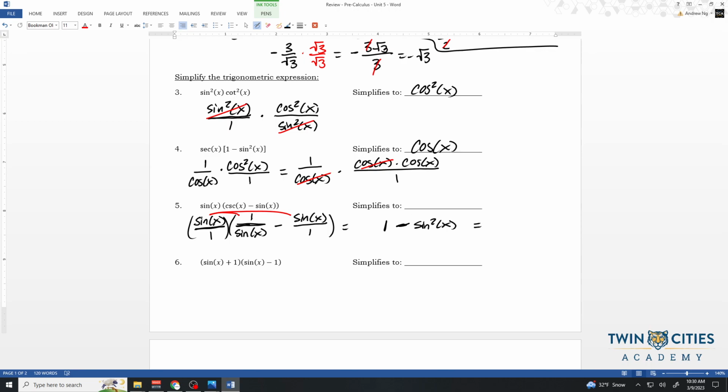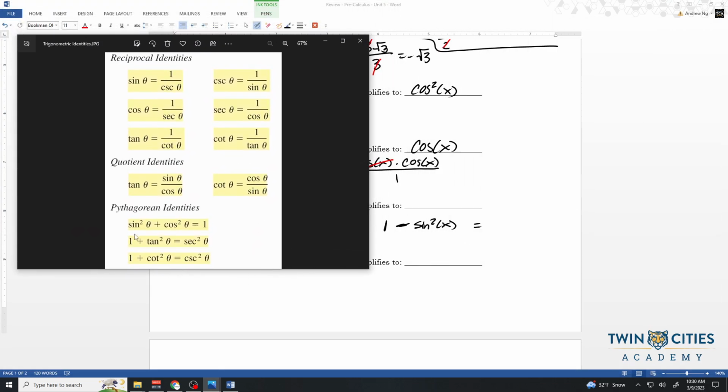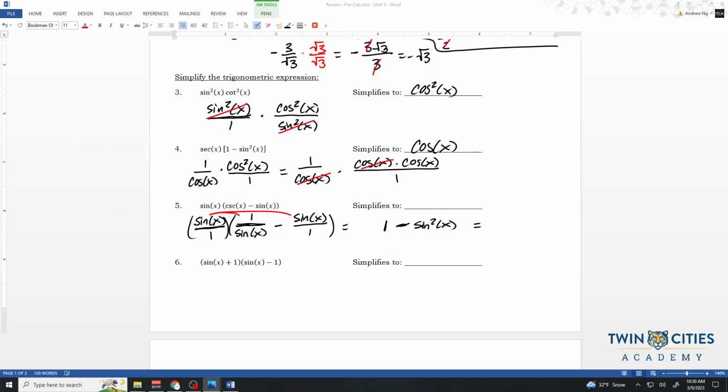We'll bring back my Pythagorean identities. 1 minus sine squared of x, similar to how I did this before, I can subtract a sine squared of x from both sides and get 1 minus sine squared of x is the same as cosine squared of x. So this simplifies to cosine squared of x.